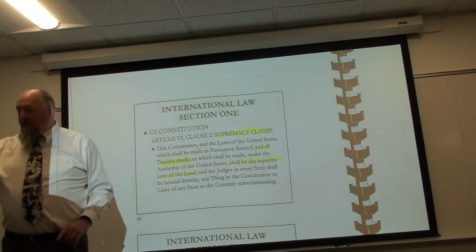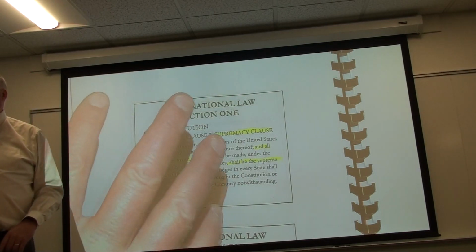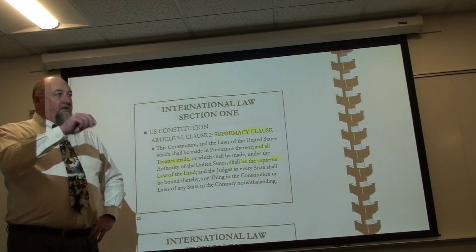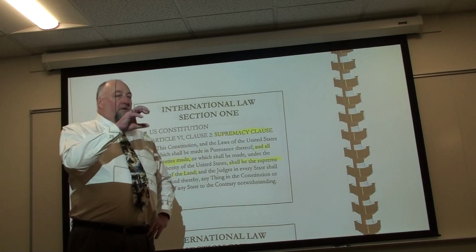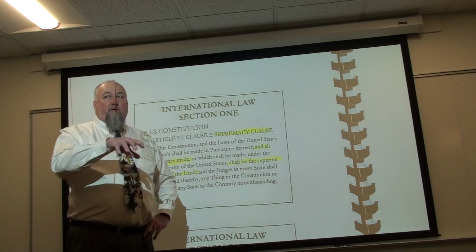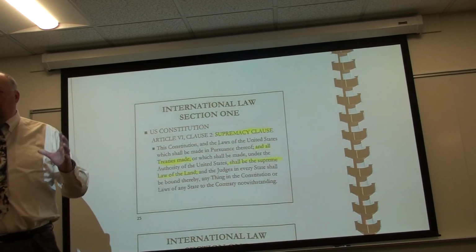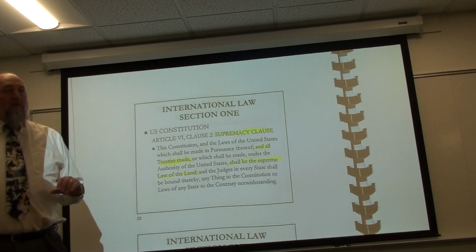Now, I want to show you that because it's very important when we talk about how international law applies within the United States. And we see the same concept in other countries as well.